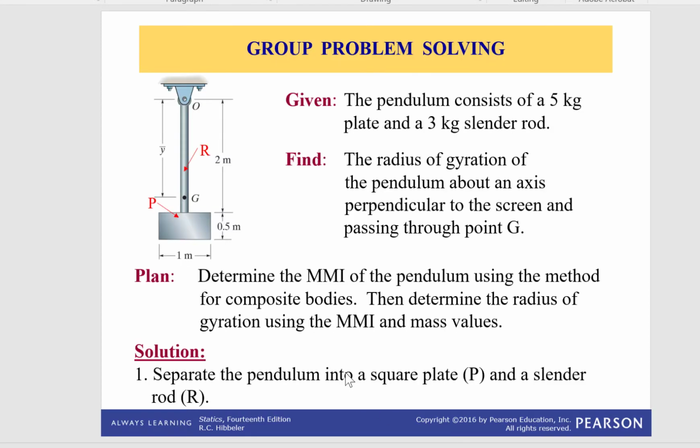Now in the textbook, the problem is similar, except that it's asking you to calculate the radius of gyration and the mass moment of inertia about the centroid of this structure.